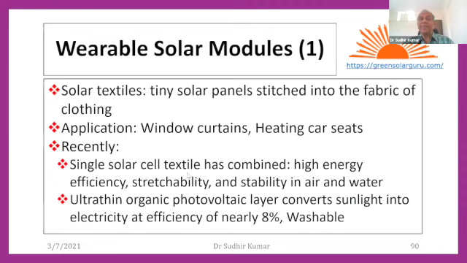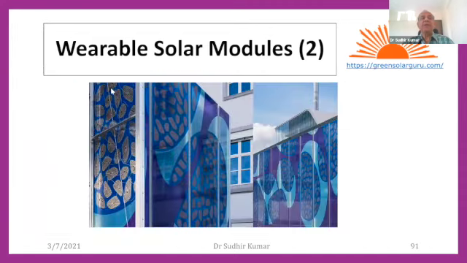They have achieved this, but it is still being developed. You see how it is looking. These are the solar cells in the curtain, and these are the wire connections in between. That means the curtain can also produce power.